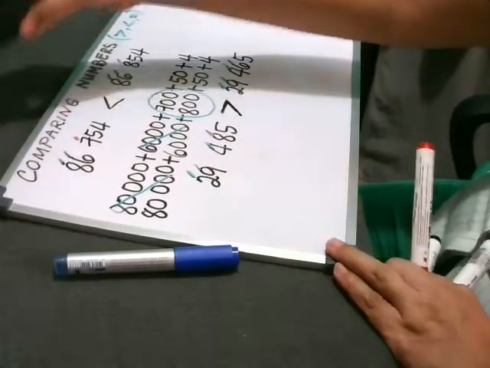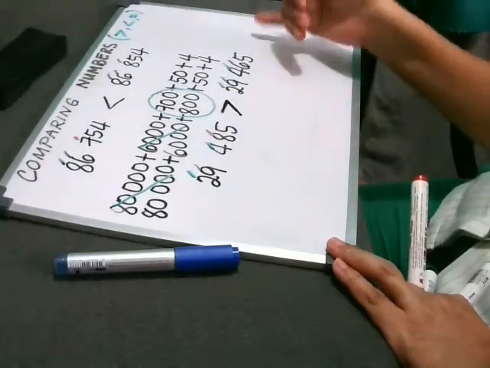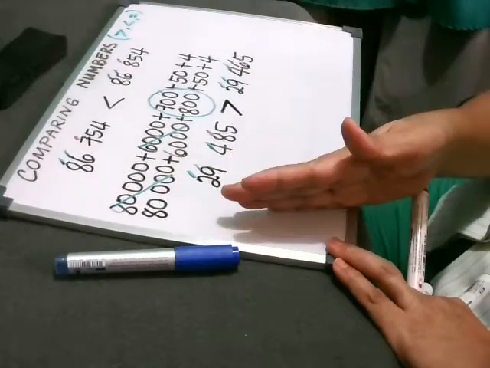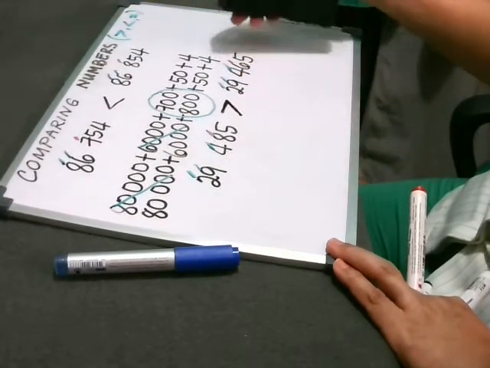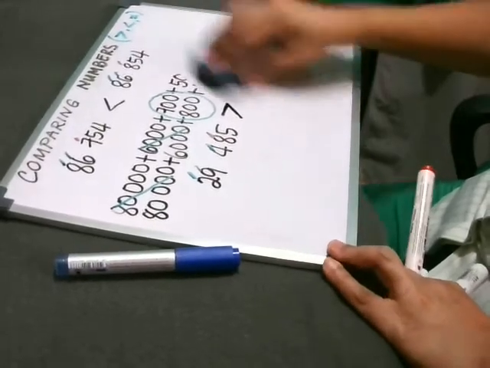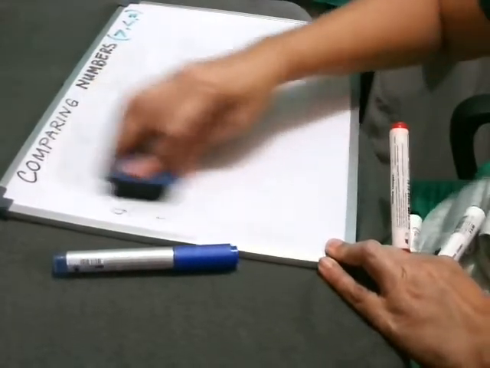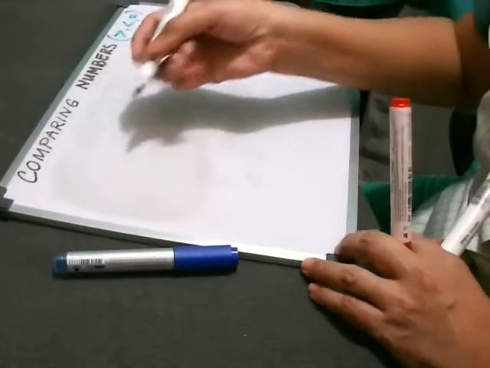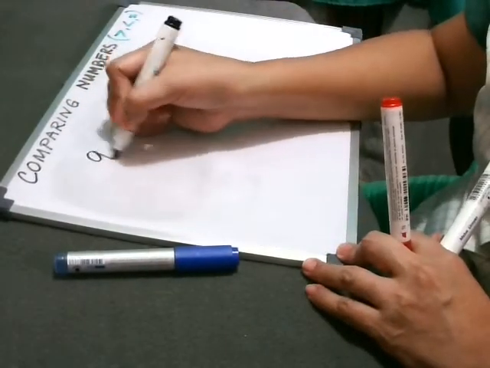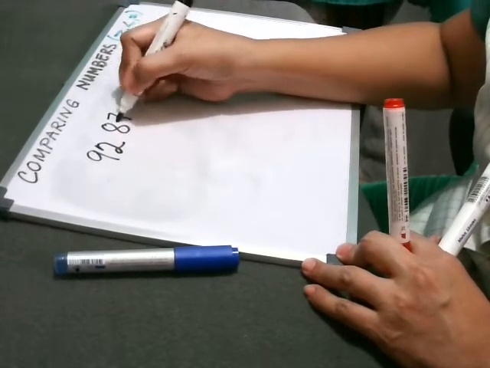Here's another thing. I said earlier that when you compare numbers, always start comparing at the left side, the digits on its left. But how about this one? There is one thing that I should emphasize, because this is very important. What if the number is this? This is also a big number.